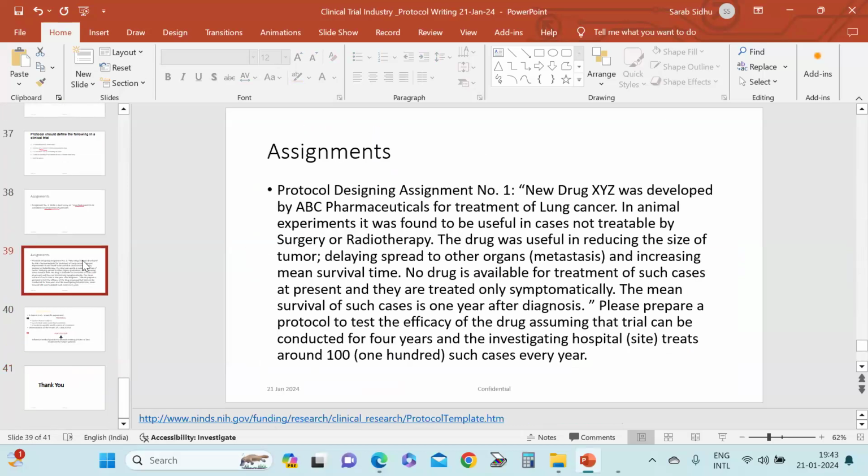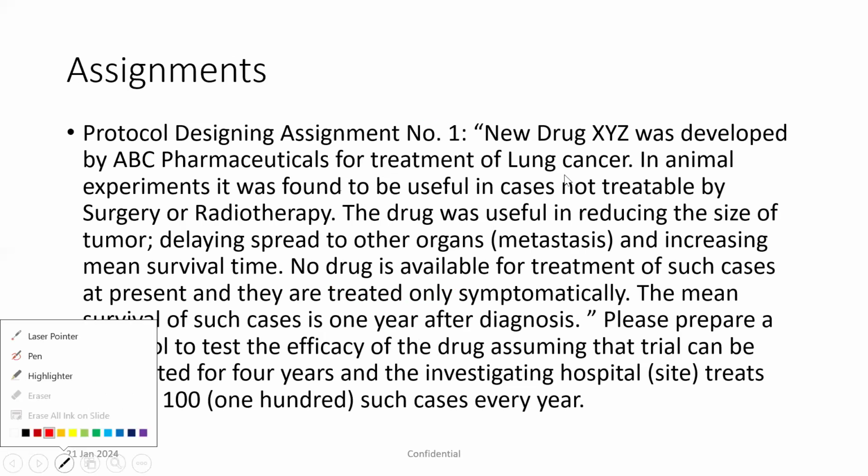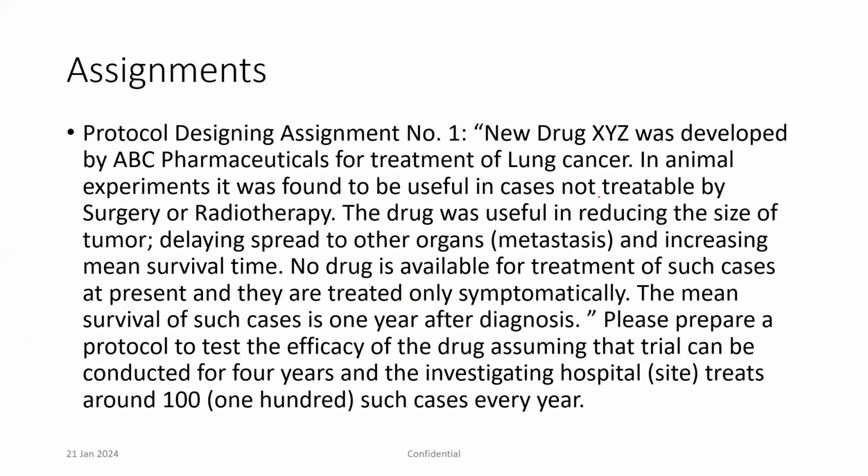One more thing. This assignment also you have to do. Can you read it? This is your assignment 2, basically, not 1. A new drug XYZ was developed by a pharmaceutical company for the treatment of lung cancer. In animal experiments, it was found to be useful in cases not treatable by surgery or radiotherapy. The drug was useful in reducing the size of the tumor, delaying the spread to other organs, and increasing the survival time.